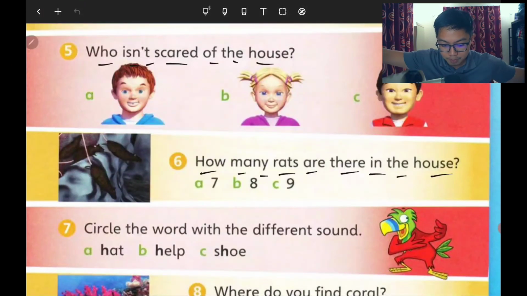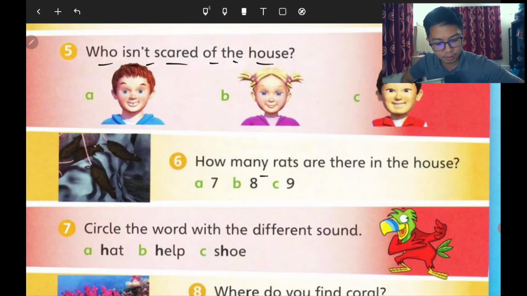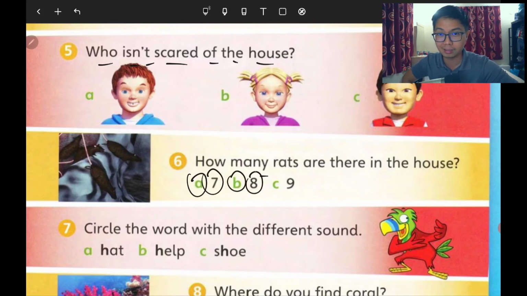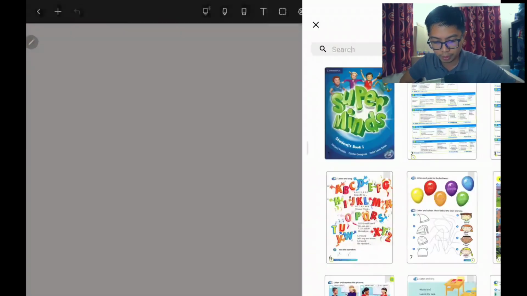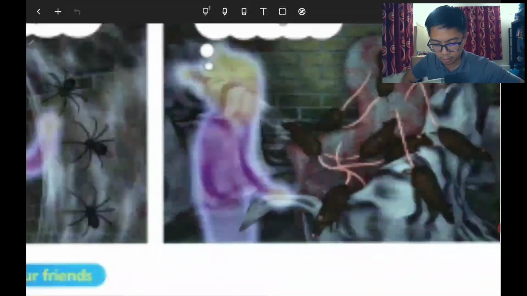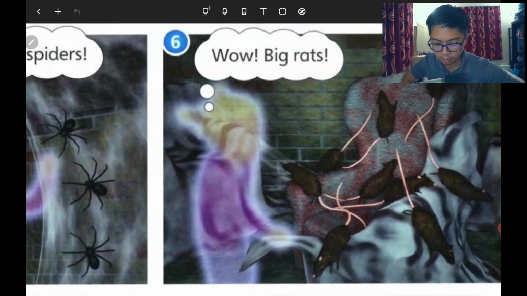Time's up. So what's your answer? Is it A, 7 rats, or B, there are 8 rats, or C, there are 9 rats? So we have to look back at this page. How many rats are there?